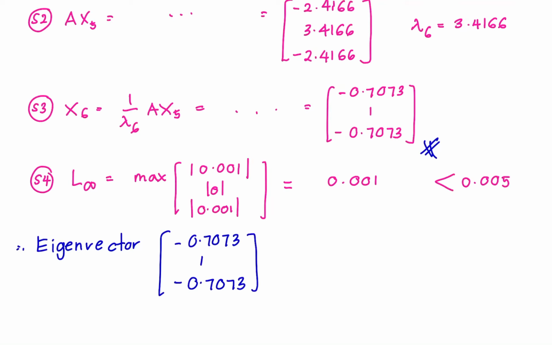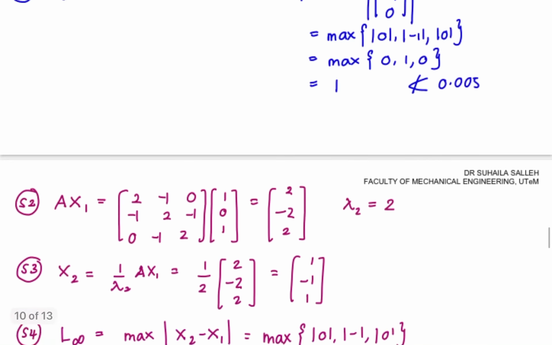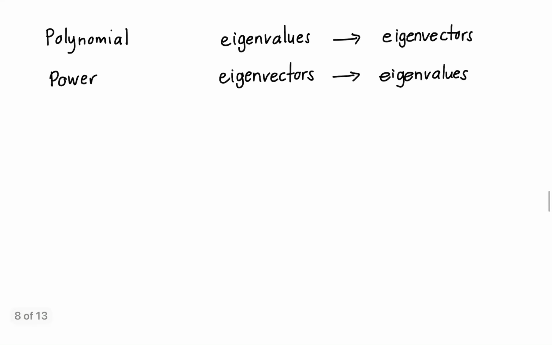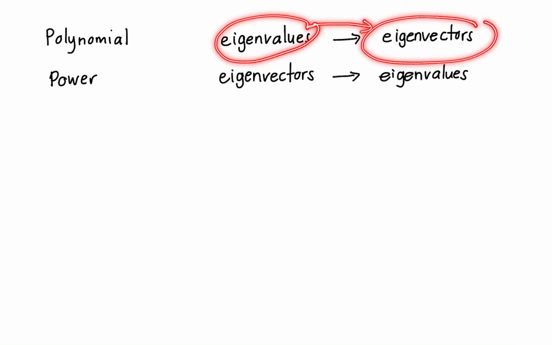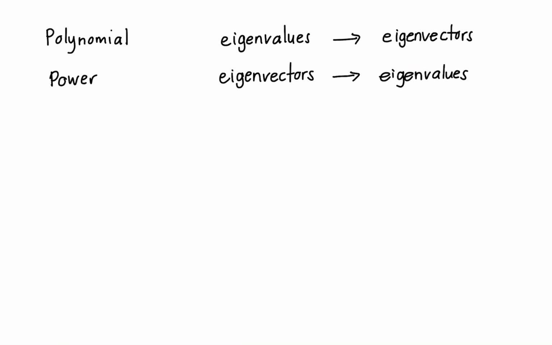So if that is your eigenvector, which is its eigenvalue? Is it lambda 6? Now, don't make the same mistake here. Alright? If you recall, earlier in our lecture, I mentioned that in the polynomial method, we find our eigenvalues, then we calculate our eigenvectors.